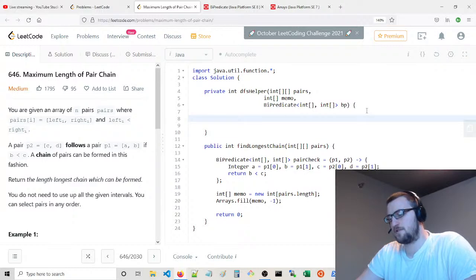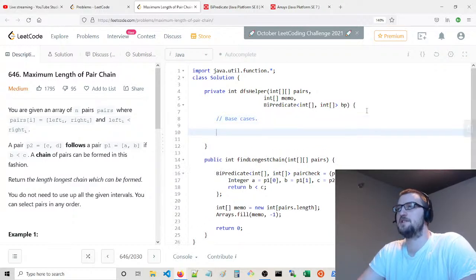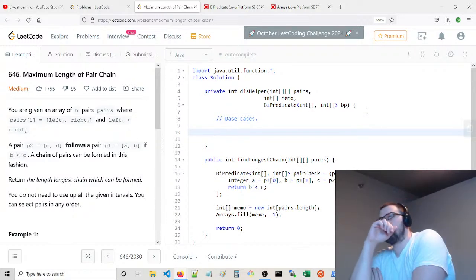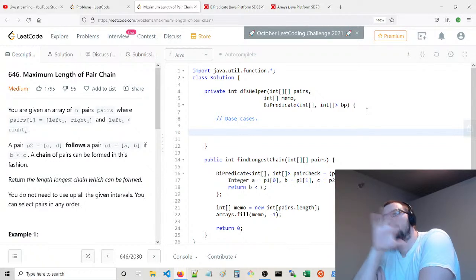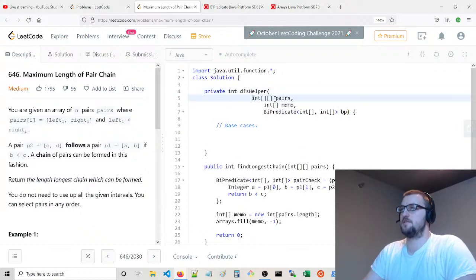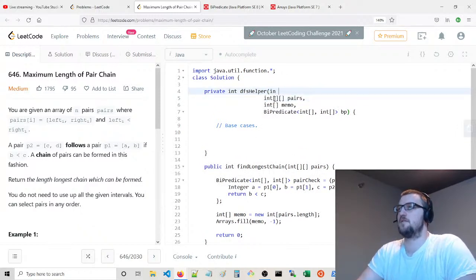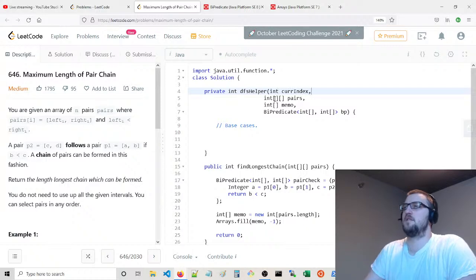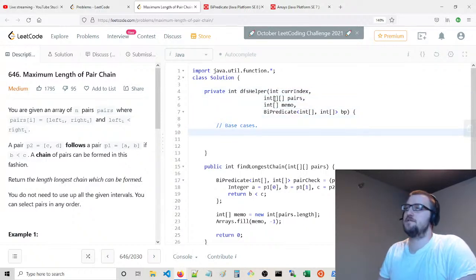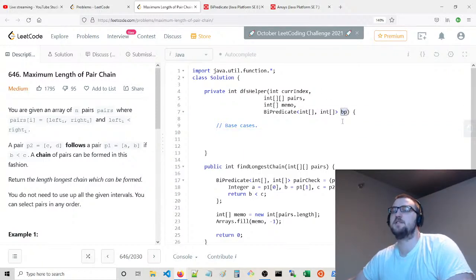Well, okay. There's base cases and there's a recursive case. So for the recursive case, we're going to take all the other pairs except for the current index. All the other pairs where BP is also true if you compare these two pairs to each other, right?